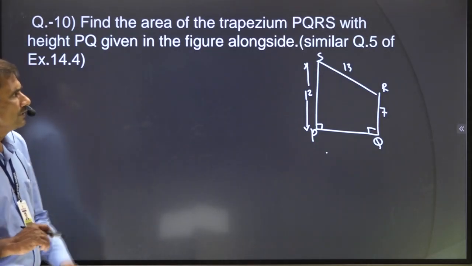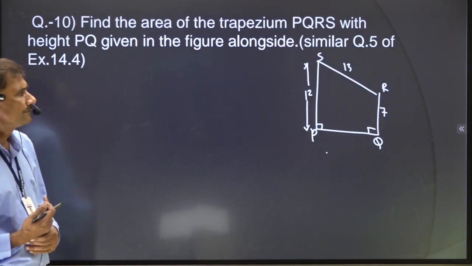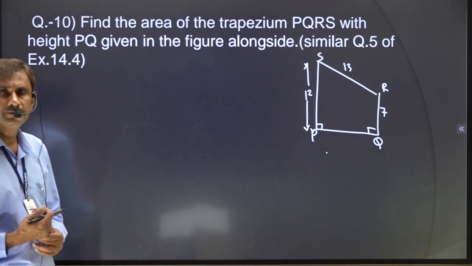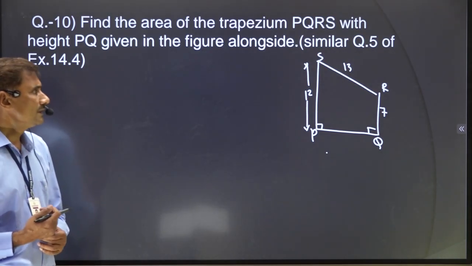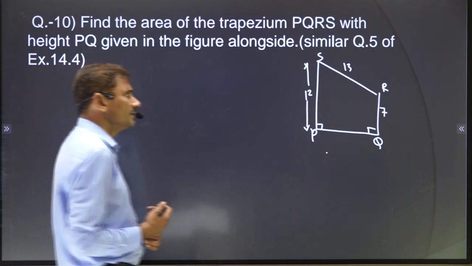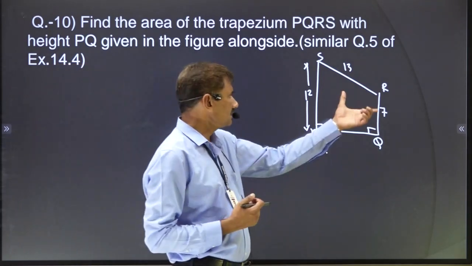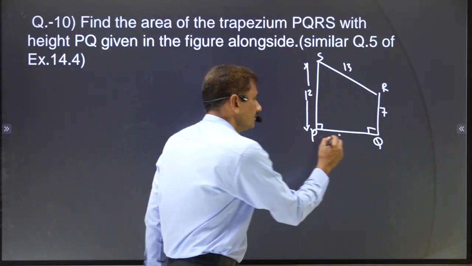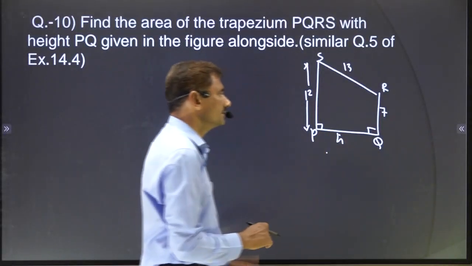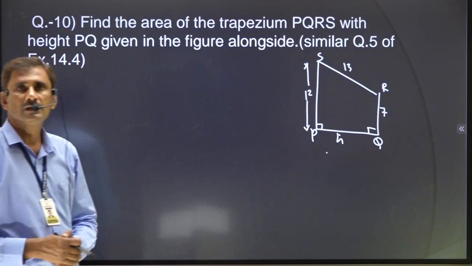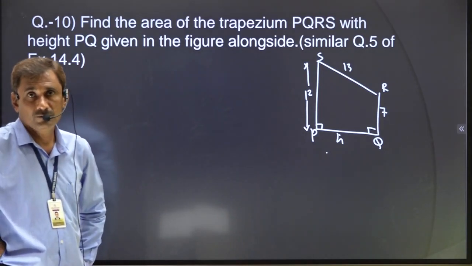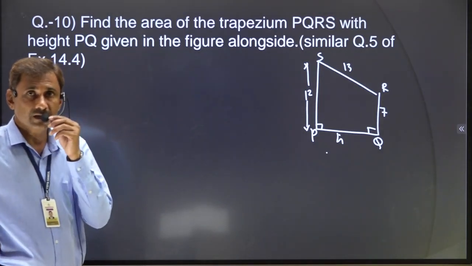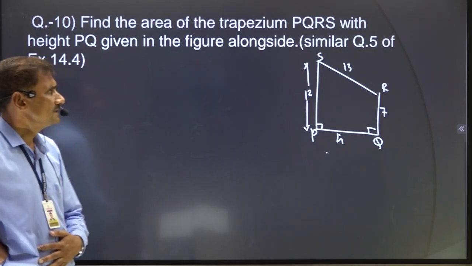Now we want to find the area here. Area can be found by using both parallel sides' measurements and the altitude. Altitude is itself PQ here, but we do not have that edge PQ. So how to find it? For that purpose, we have to do something. How to find the edge?